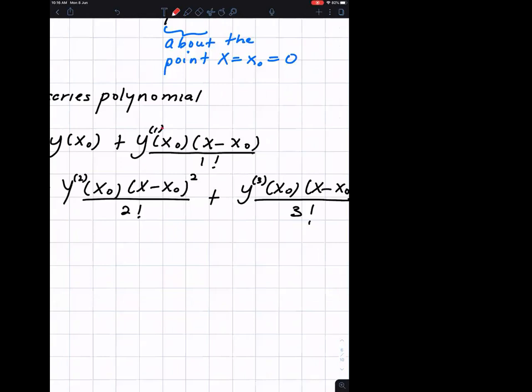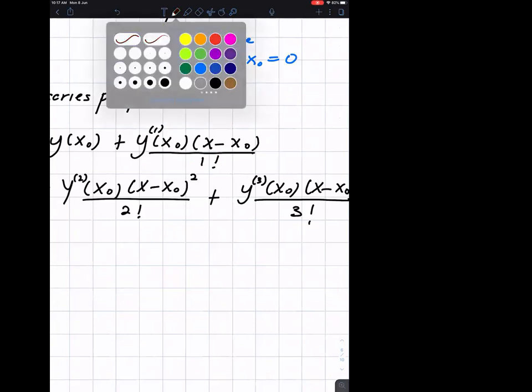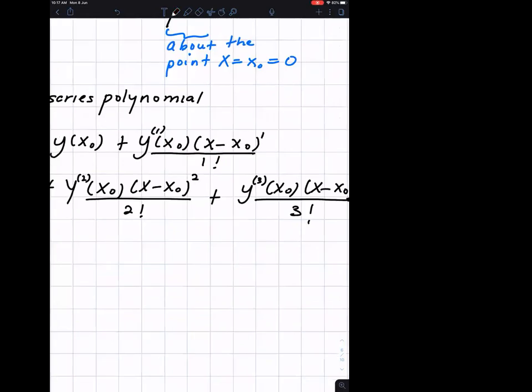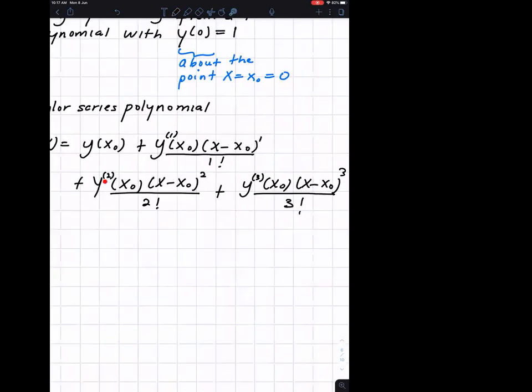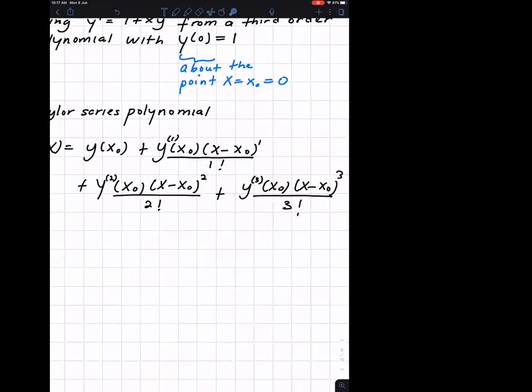The first derivative matches 1 factorial, and the power here is also 1. Second derivative 2 matches 2 factorial, and it's also squared here. Similarly, the third order derivative 3. So that's how you look at it, so that you don't make mistakes.